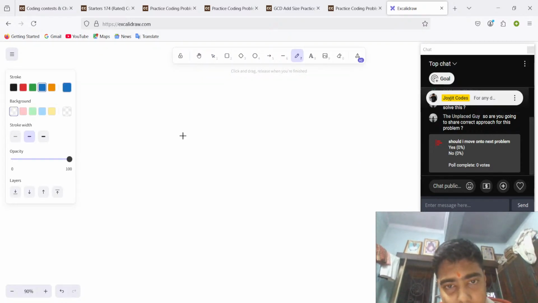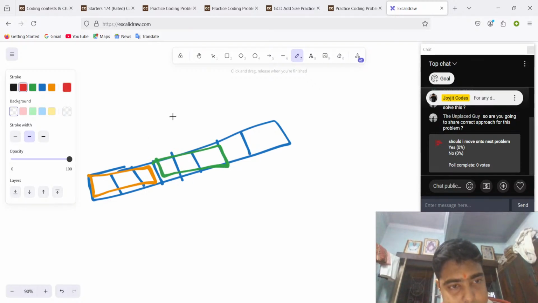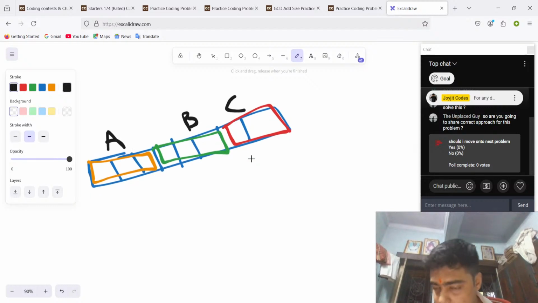What do we mean by that? You're going to have an array, and in that array you have to divide that array into 3 parts. Let's name these parts: this is A, this is B, and this is C. And the max of all the 3 parts is going to be the same.